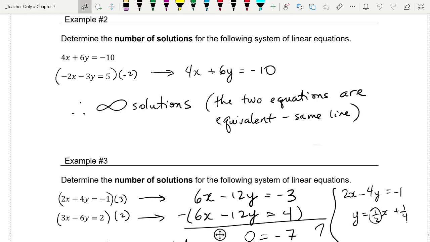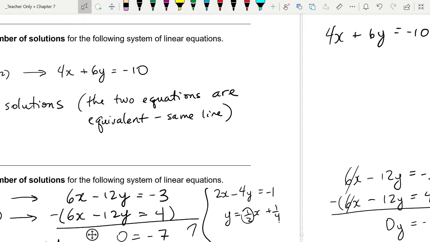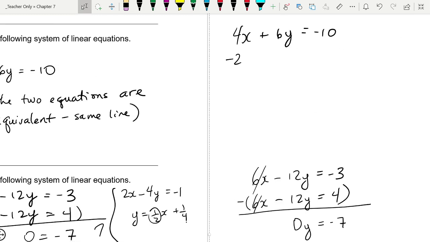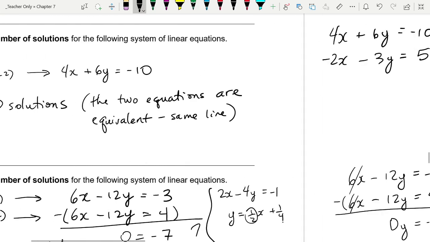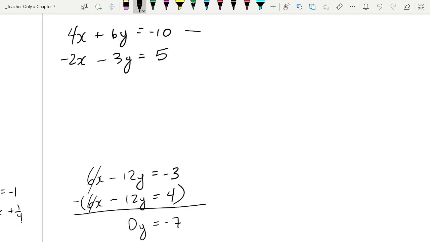Well, notice I would have had, okay, so the original equation was, what was it? Negative 2x minus 3y equals 5, right? That was the equation, wasn't it? Yeah. Okay, so what if I'd just left this equation alone and multiplied this by 2, and got negative 4x.